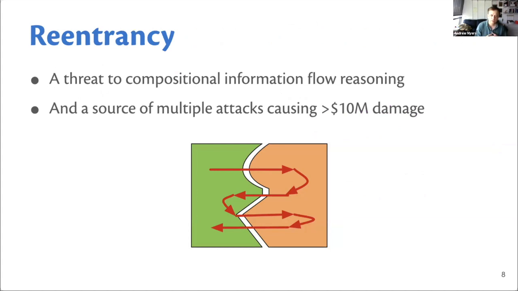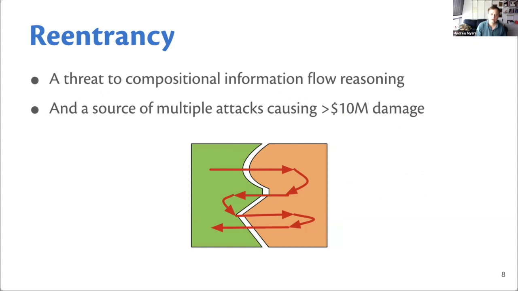So we have been working on information flow for a long time. And what we realized when we started looking at smart contract vulnerabilities was that the existing rules for checking secure information flow weren't capturing these reentrancy vulnerabilities.